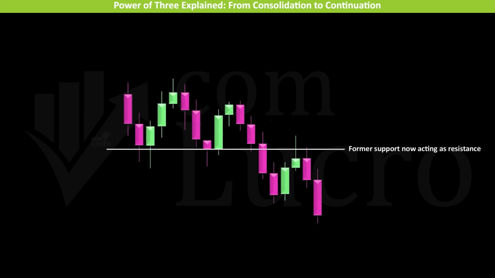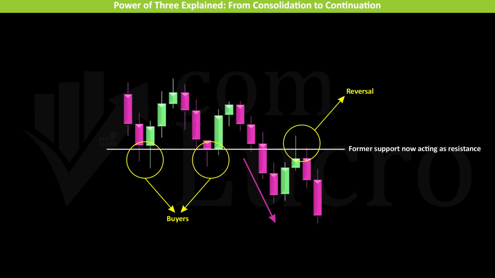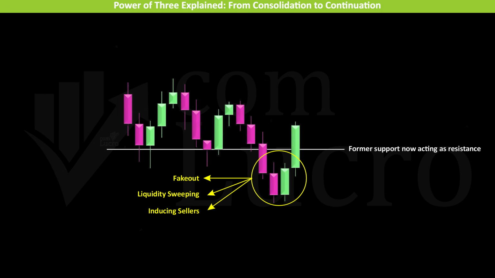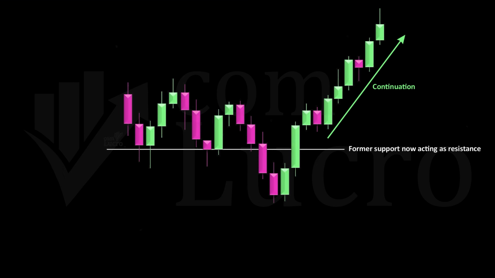Traders who previously went long see the retest as an opportunity to exit, while others see it as a chance to enter short. However, when price fails to continue and quickly returns back inside the consolidation range, this movement is classified as a fakeout. This action is designed to sweep liquidity outside the range and trap breakout traders. Once liquidity has been collected, price typically expands in the opposite direction.